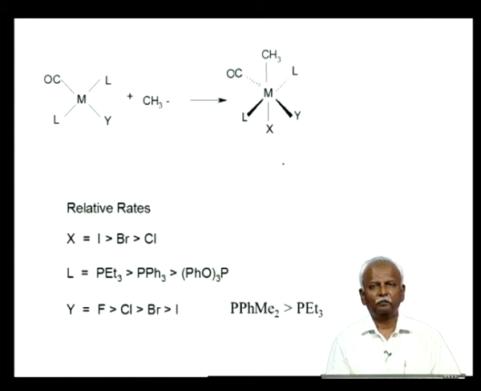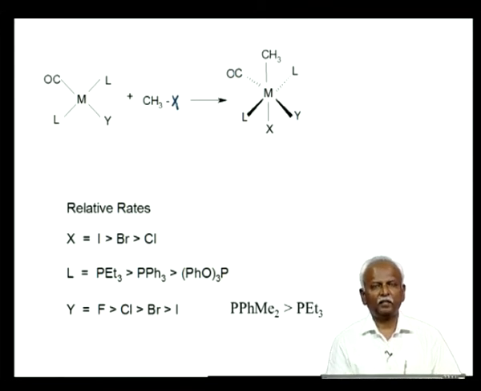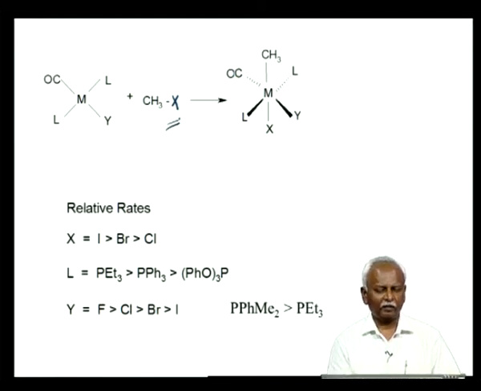Now, what are the various factors which support such a hypothesis? First of all, you had this bimolecular reaction between the methyl halide and the iridium complex. Secondly, it was found that the methyl halide, CH3X, that you have here, undergoes reaction at different rates depending on the nature of X. So, if X is iodine, then the rate turns out to be fastest compared to bromine and chlorine.